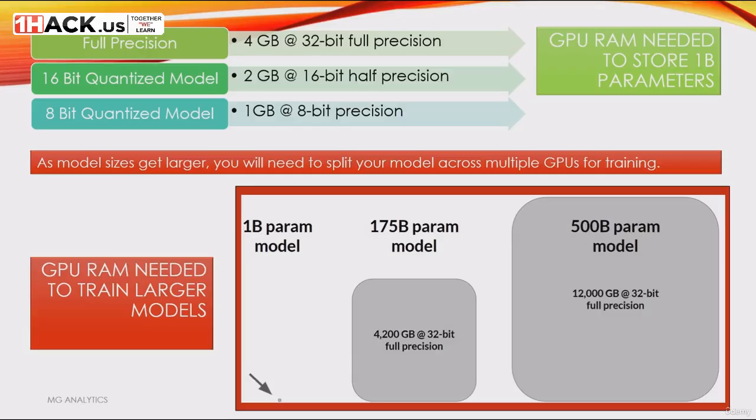Even in large organizations, we can't afford to lose so much money. So we will still want to have models which are quantized to 16 bits, right? Because in that case, you will be using half of the resources. Okay, so that is what quantization is.